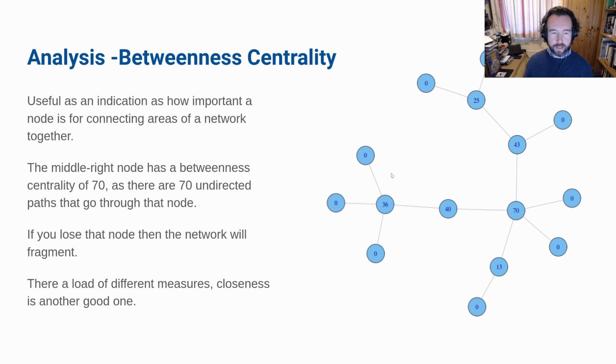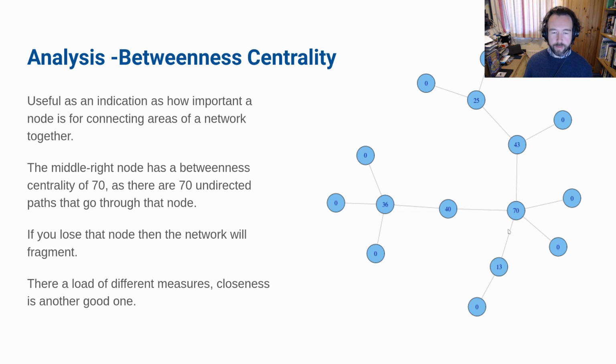So to keep this network connected together, 70 of the possible routes through this network go through this node. That's undirected paths as well, because there's no direction on these edges. And that can tell you something about the importance of individual nodes.